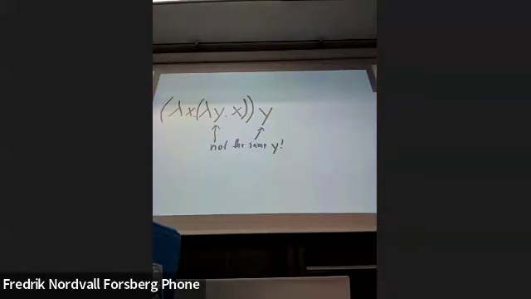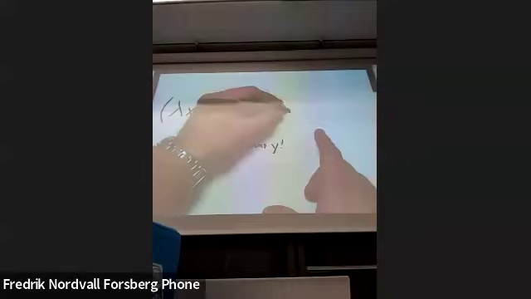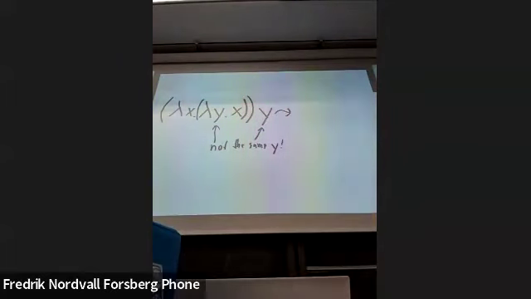So when we compute this reduction by computation, there's a danger that if we just substitute textually the outer y for the x that's under the inner y, we might accidentally capture the y.